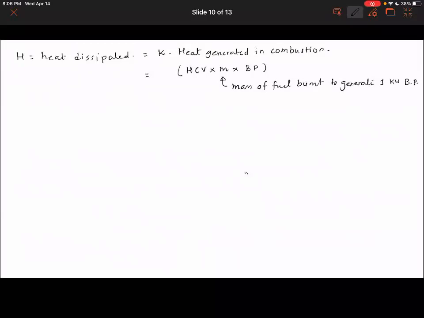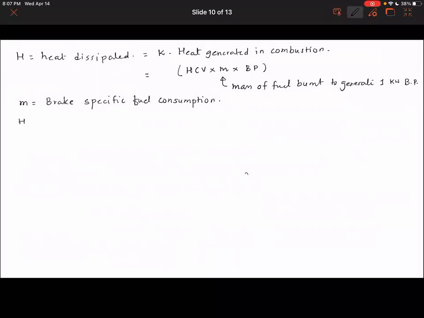This is also called the brake specific fuel consumption, and that comes from the engine design specifications.